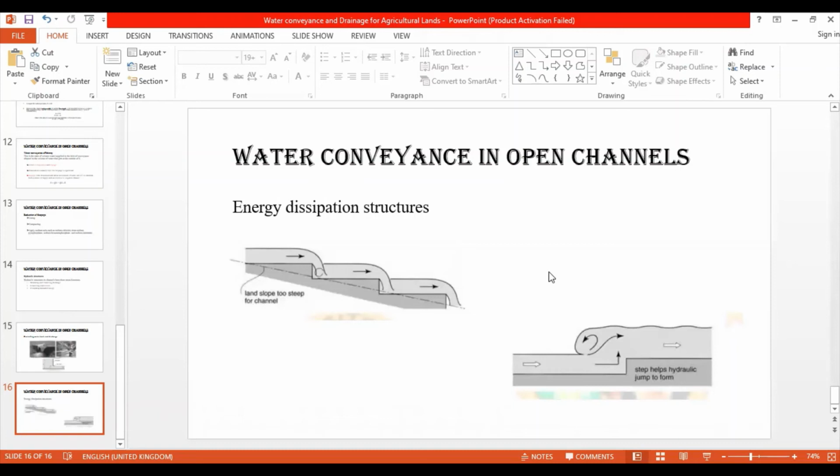Then here we're talking about how to control the discharge in the open channels. So now I want us, maybe in the next 5 minutes, to go through an example of how we can go about designing an open channel.